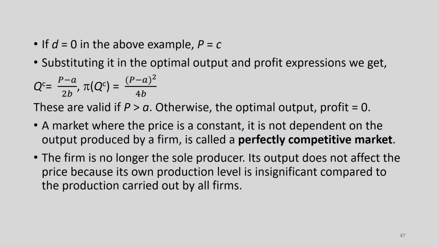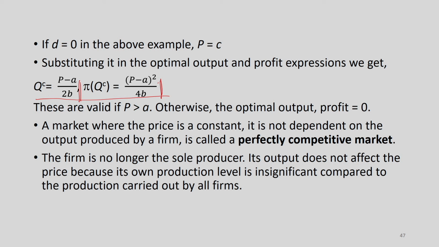Substituting this in the optimal output and profit expressions, we get these two. So, instead of Q star and pi star, I am writing Q C and pi C. This is the special case where D is equal to 0, and if we just put D equal to 0 you get these two expressions. And obviously, these will be meaningful expressions if P is strictly greater than A, otherwise the optimal output and profit will be 0.